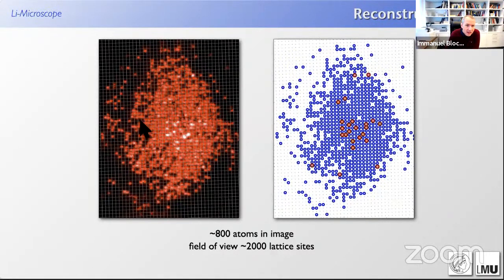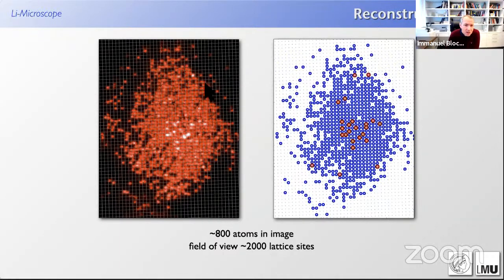So you see the lattice sites here marked by the squares, and each time there's a bright spot, this is a single atom on that lattice site. We can beautifully see each individual atom on these different lattice sites. You can also see sometimes sites where there is double the fluorescence. So this is actually doubly occupied sites where you have two atoms on that lattice site.